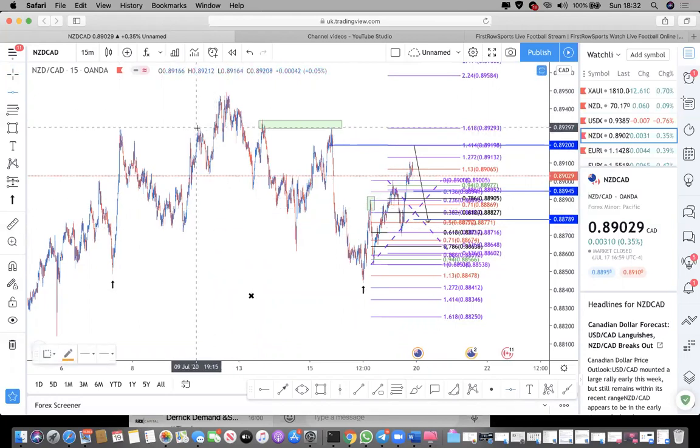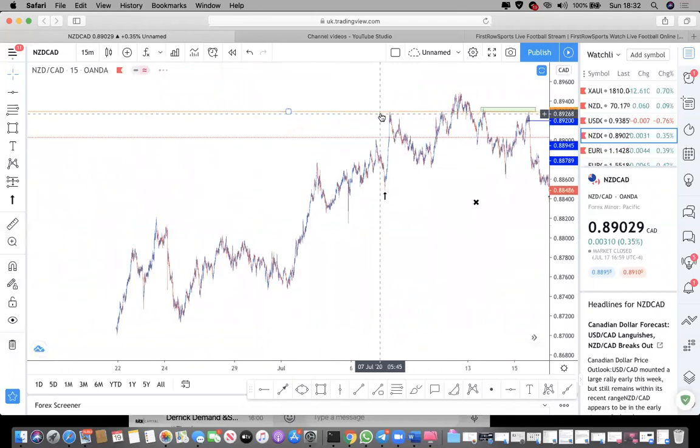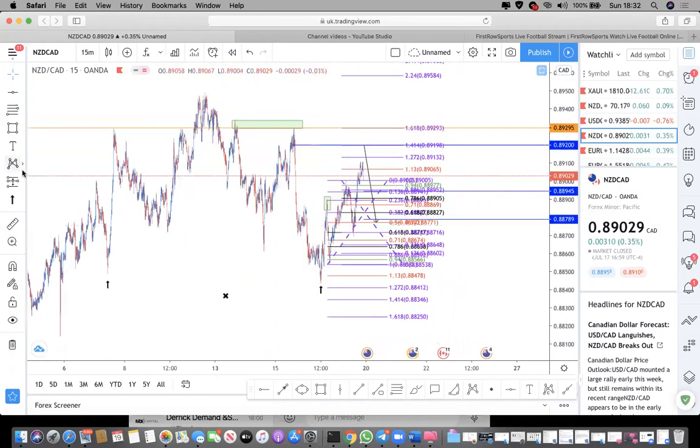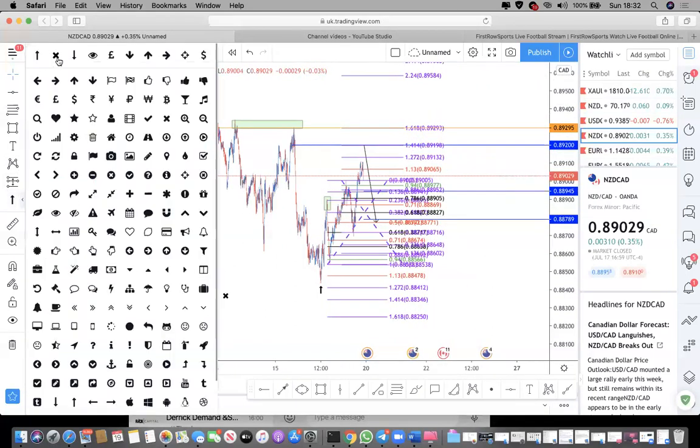If I put a line there, you can clearly see that price tested it here and it dropped. Price tested it here, it dropped. It went above it, retested and went up again. It broke it, retested and dropped. And it came back to retest it again and drop. So all it has created is some sort of liquidity buildup.